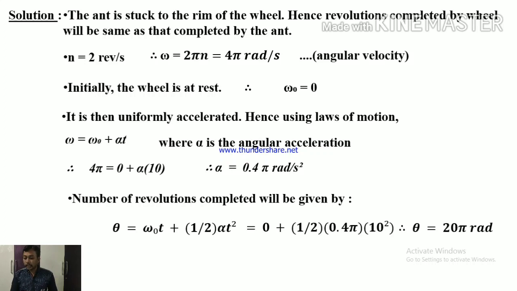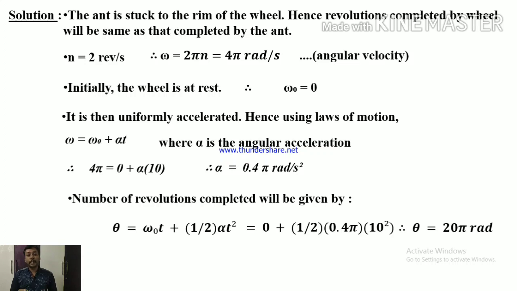So total theta is equal to 20 pi radian. We know the angular displacement completed in one revolution is 2 pi. So when in one revolution theta is equal to 2 pi, then if theta is equal to 20 pi, how many revolutions are there?